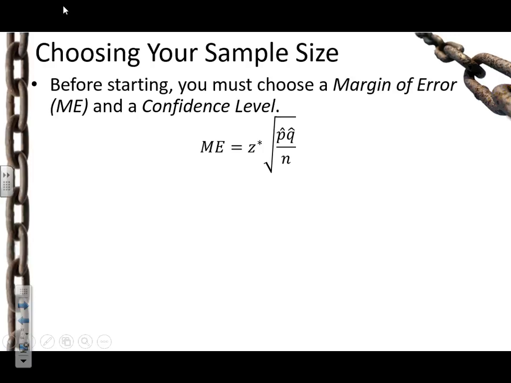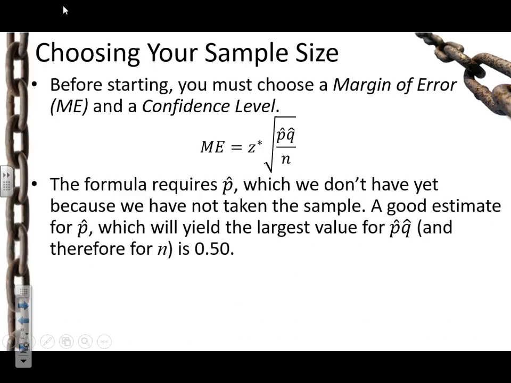Now, if we're trying to decide sample size, will I know p hat or q hat? No, because I haven't collected an actual sample yet, right? So when we use this formula to determine sample size, ME and z star are going to come from the problem.